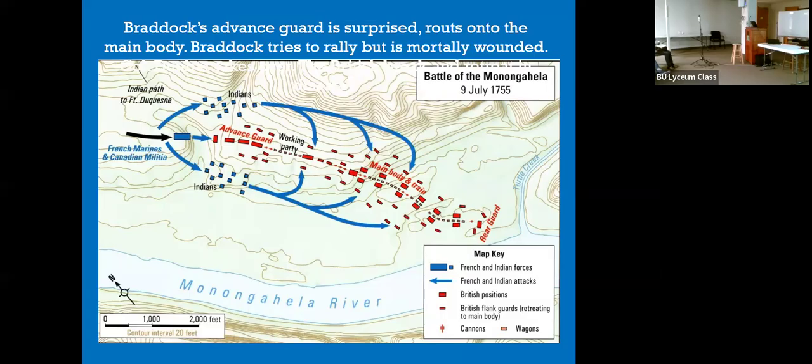The advance guard takes the major hit. That's what they're supposed to do, except that they lose some officers and they rout. Discipline collapses. And it's important to remember one of the other things that is very true in warfare up until the most modern era.